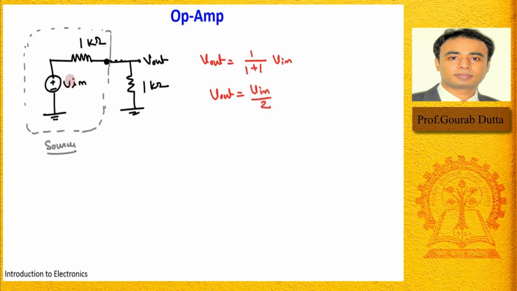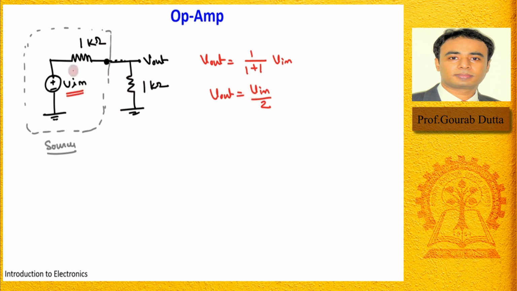That means if this signal source has a good amount of resistance, then the entire input voltage is not falling across the load, but only some part of the voltage is falling across this load. Got my point? But what we want is that the total part of the signal falls across this load, then you can use the entire signal. But here you are not able to do that.